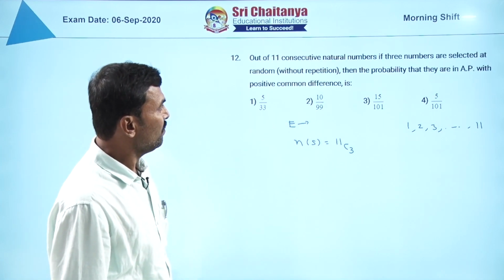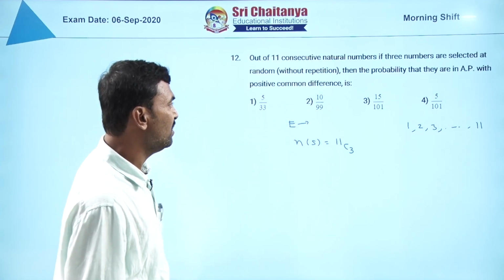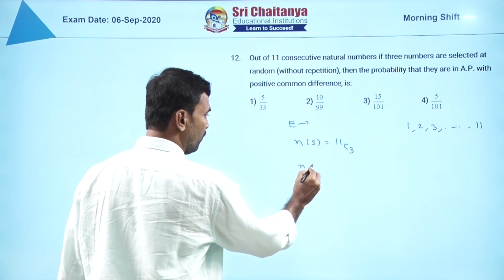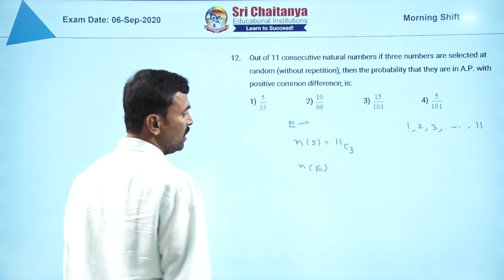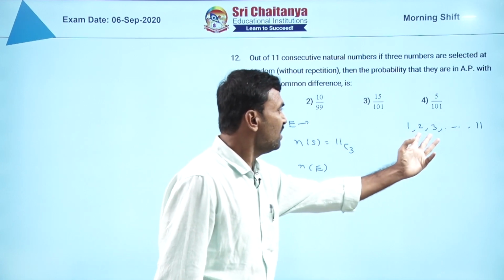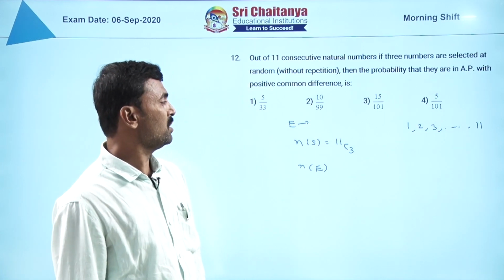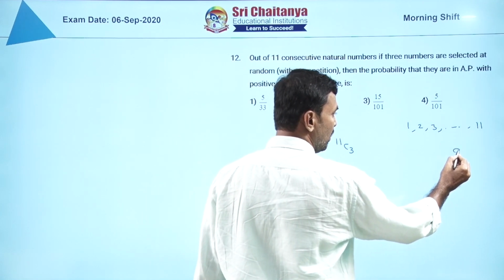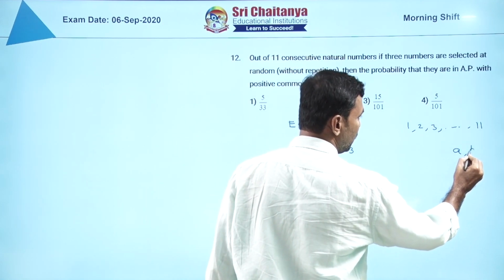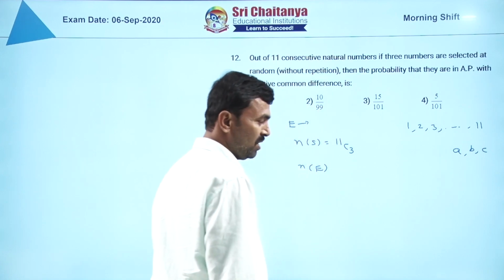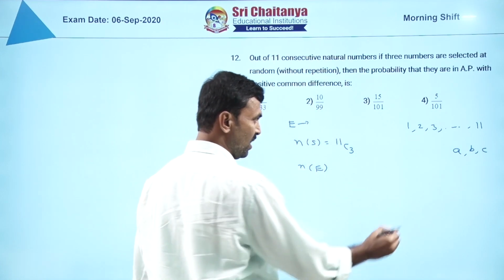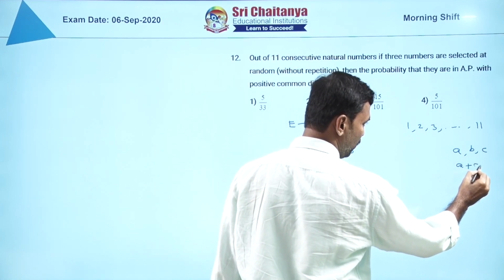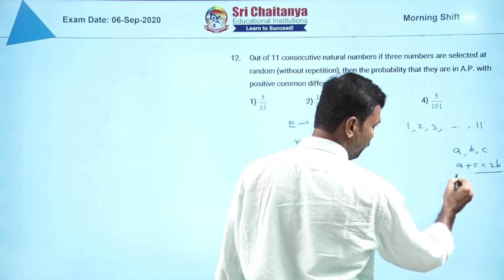Let E be the required event, then what is n of E? If I select 3 numbers, those 3 numbers must be in AP. Let us suppose A, B, C are the 3 numbers which are in AP, then the condition is A plus C is equal to 2B.